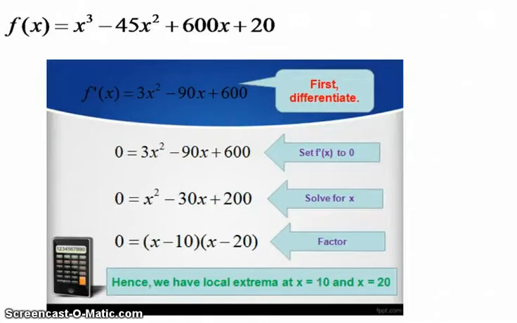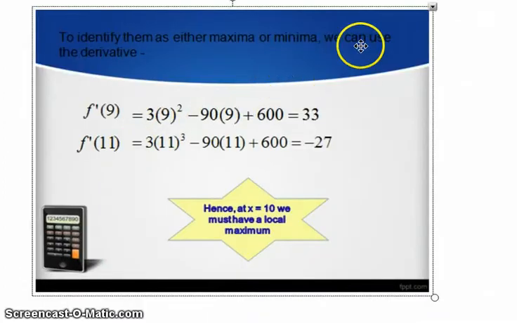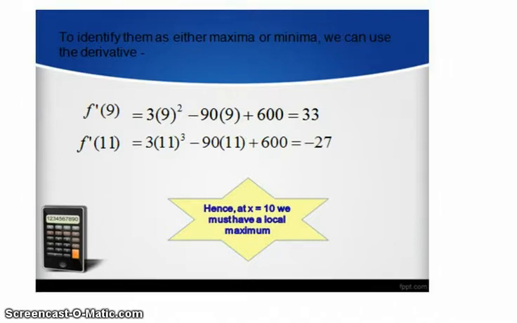For your extremum at 10, when you set the first derivative to 0, you're saying that at x equals 10 your gradient is equal to 0, and that means that you have a horizontal line over there. So this is for 10. Now find any value below 10. The easiest one will be the next number, which is 9.